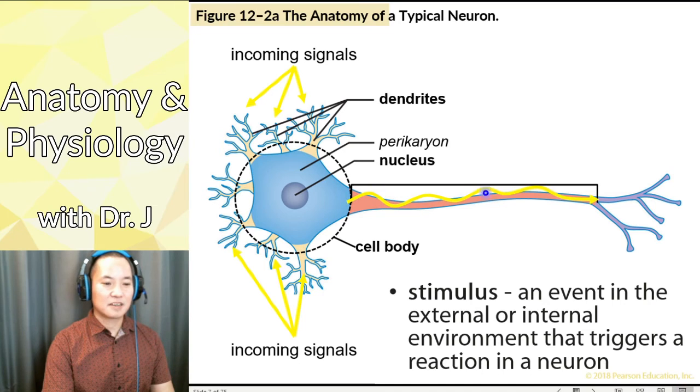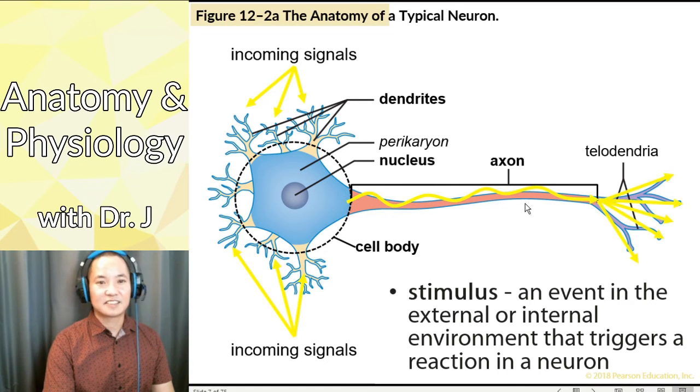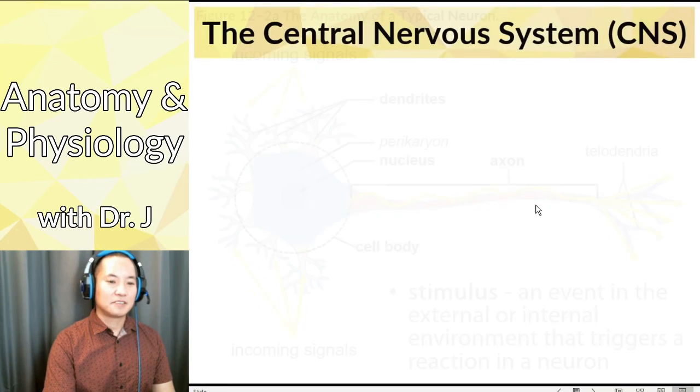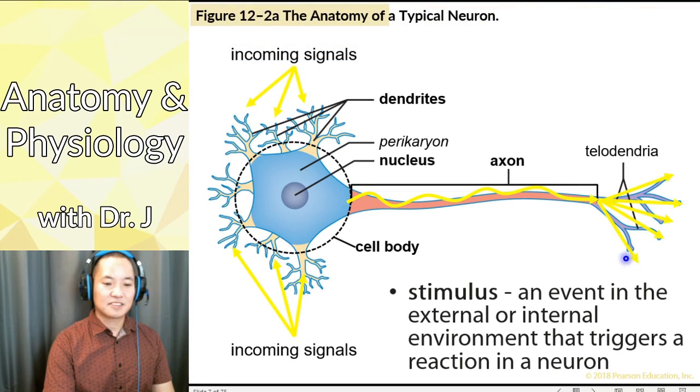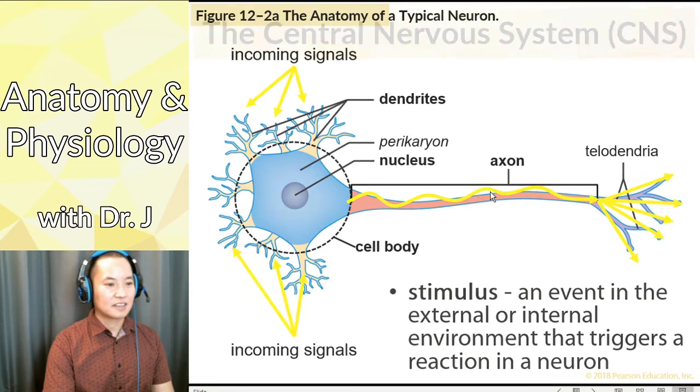This long thing that projects from this neuron, this is an axon. It carries these action potentials, and then it branches into branches called telodendria, telodendron for singular. And then they end in something called, this might sound familiar, axon terminals. So axon terminals are these ends right here.